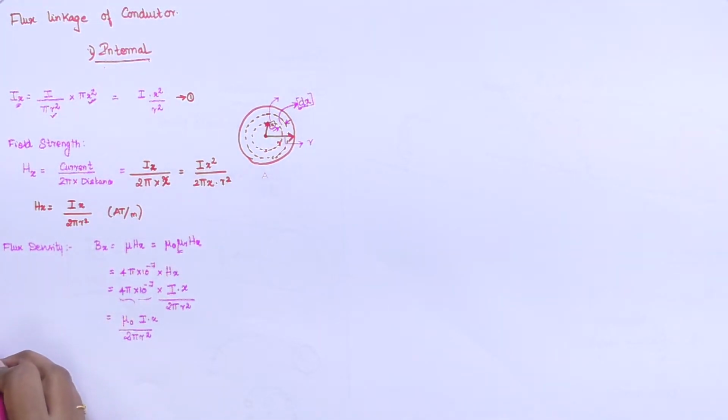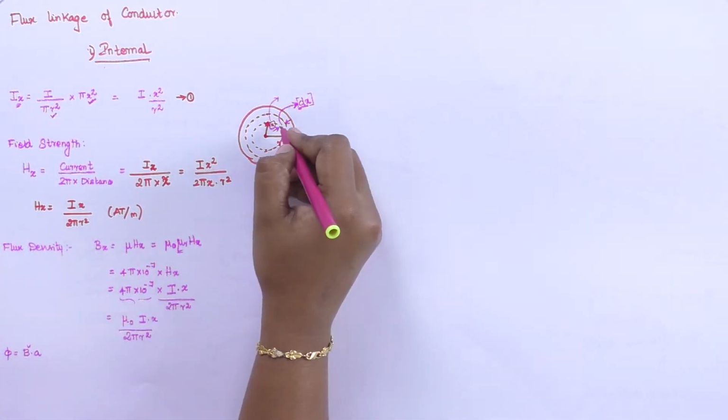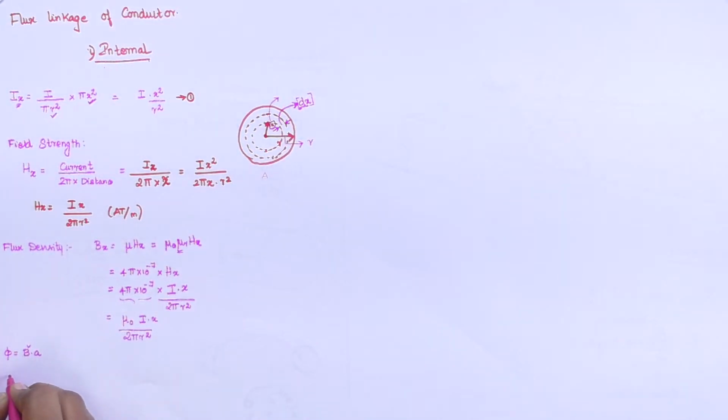Now the fourth one is we are going to calculate the flux. Flux is equal to B into A. We already know B, but we are now going to calculate the change in flux, because of the differentiation in the radius dx.